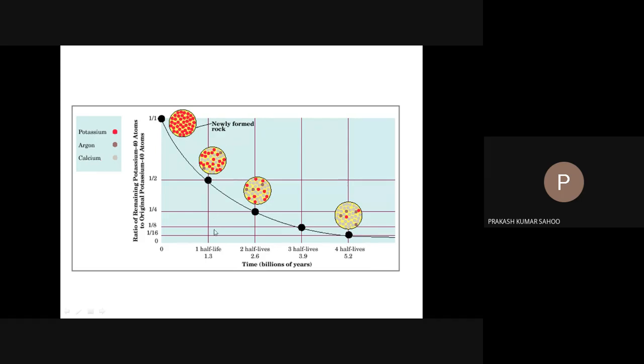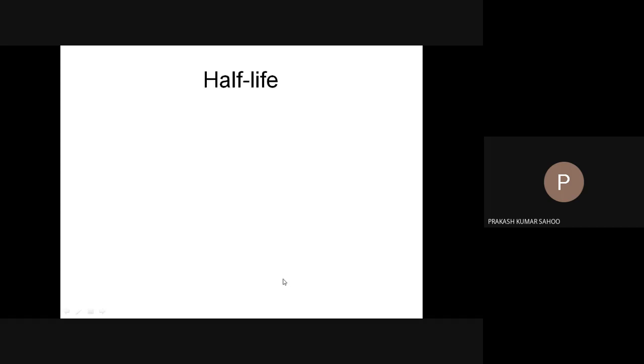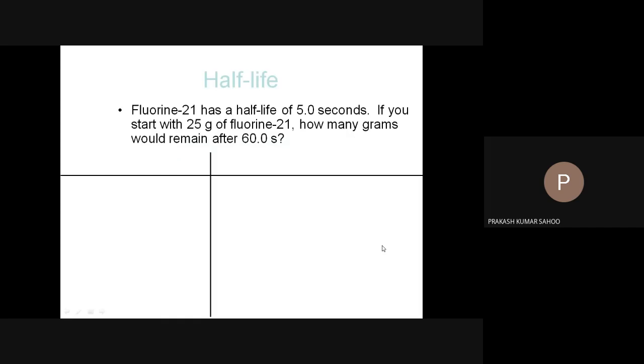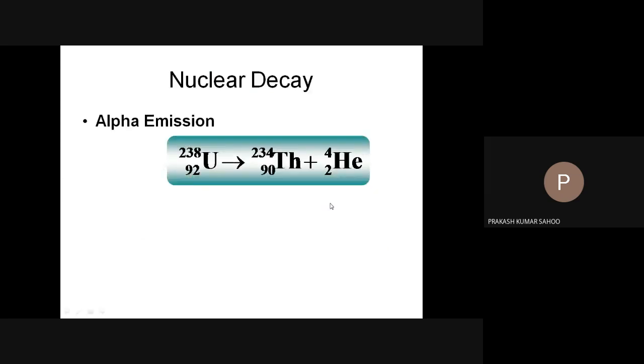This part has a half-life of 1.3, this is 2.6, and so on. This is the half-life equation: Mf equals Mi times half to the power n, where Mf is the final mass, Mi is the initial mass, and n is the number of half-lives. Then nuclear decay.